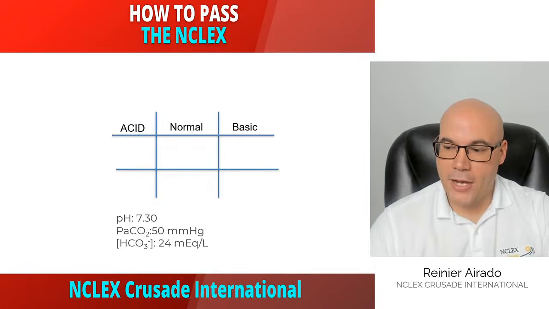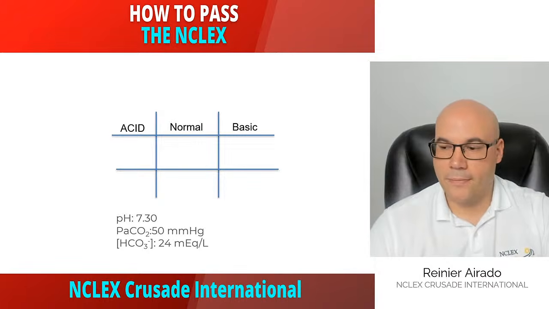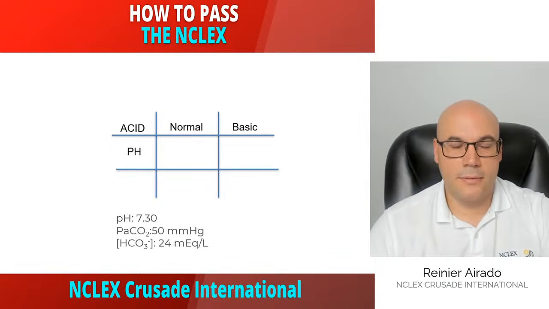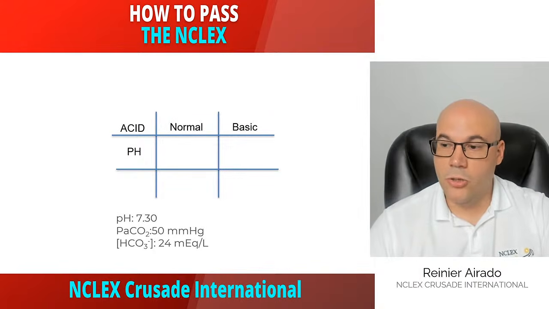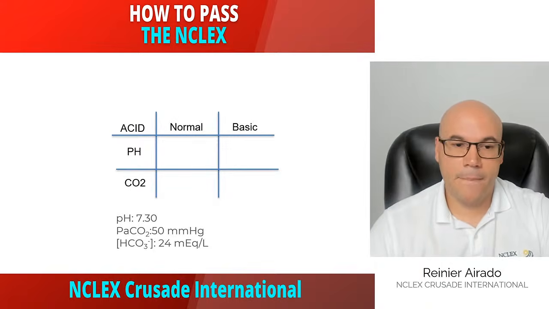All right, let's see another scenario. We have pH 7.30. Where are we going to put the pH? In acidosis. Remember that 7.30 is below the normal. CO2 is 50. So we have too much CO2, so we're going to put the CO2 under acidic.